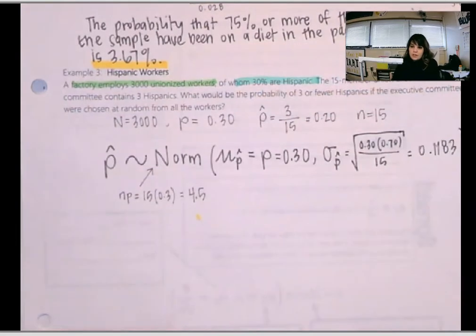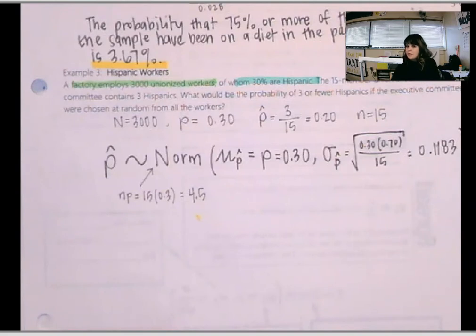Is that greater than or equal to 10? No. So what's happening here is I cannot do this calculation for a committee of 15 people. So I would have to stop. Even if this were a test question, I would stop there and say this probability cannot be calculated. The large counts condition is not met.